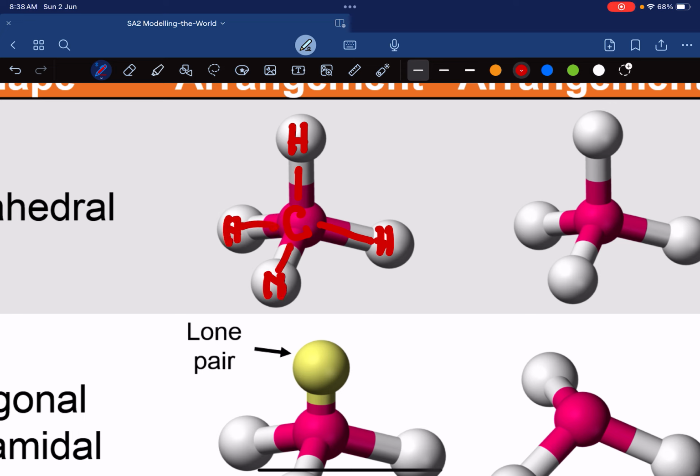The repulsion between every electron pair is the same because they are all identical. They are all bonded pairs, so the degree of repulsion is going to be exactly the same.